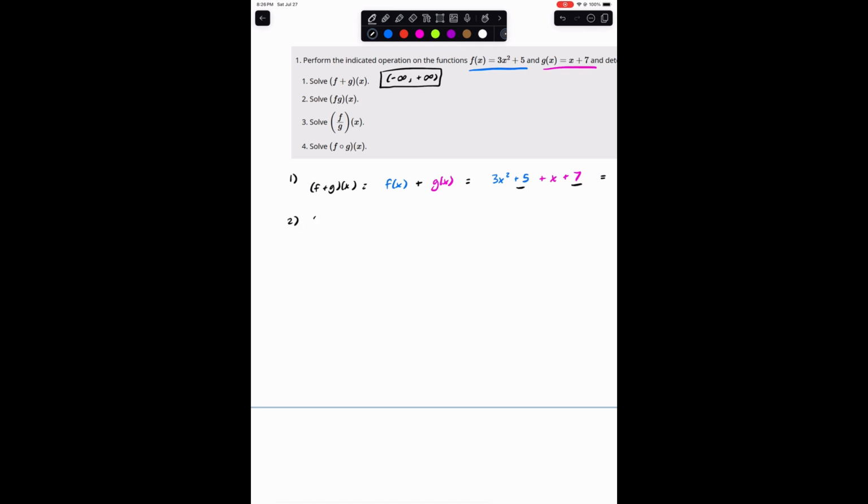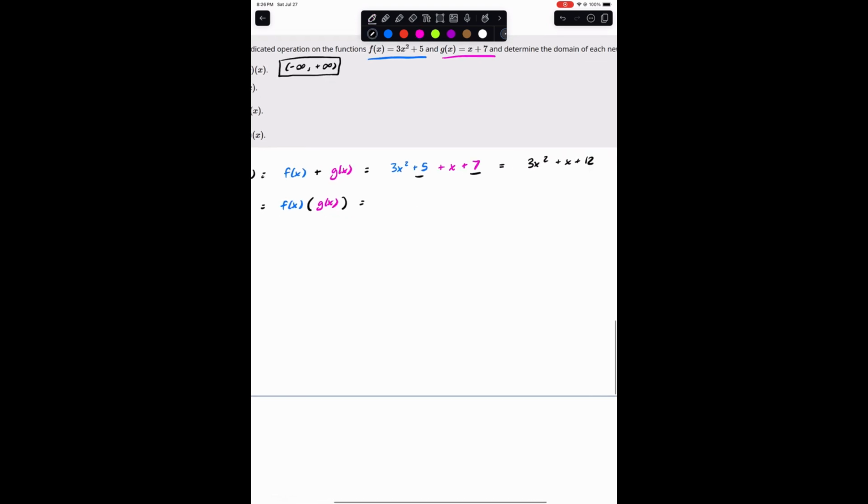For number 2, fg of x. So this is f of x times g of x. So I'm going to do 3x squared plus 5 times x plus 7, right?